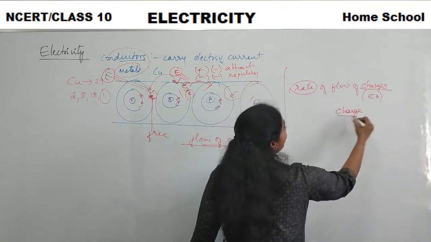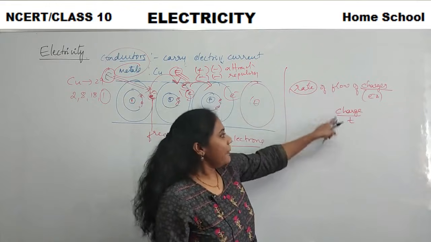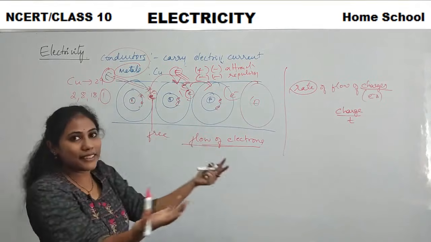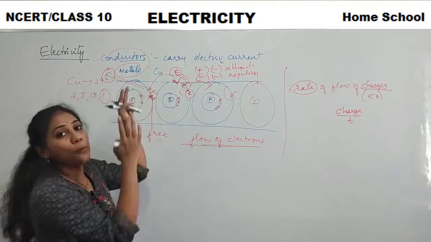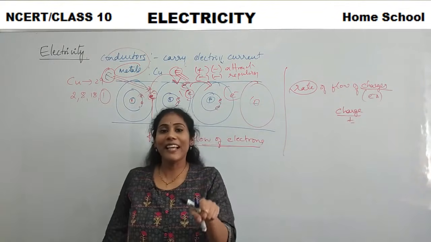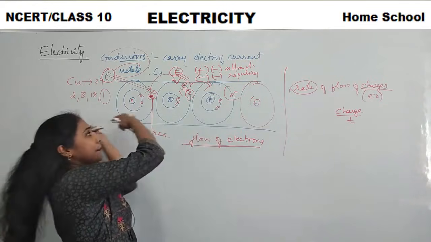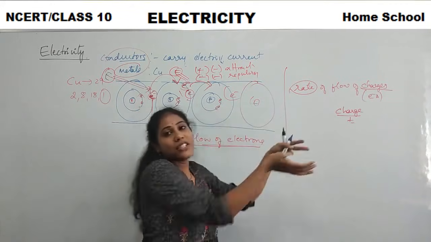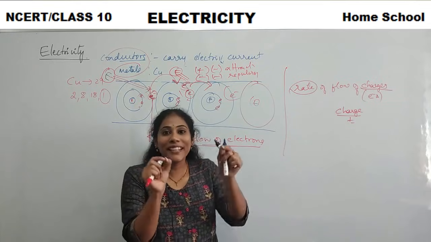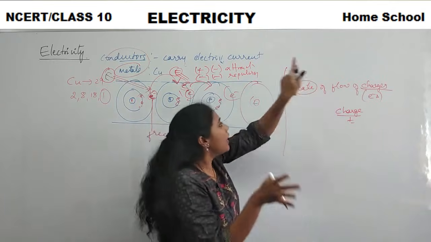Charges divided by time is what we call rate. In depth, how many electrons, which are nothing but charges here, and how much charge is moving in a unit time, unit time meaning 1 second or 1 minute, how many charges are moving, that is what we call electric current. Anything that is moving in a particular amount of time is called rate.